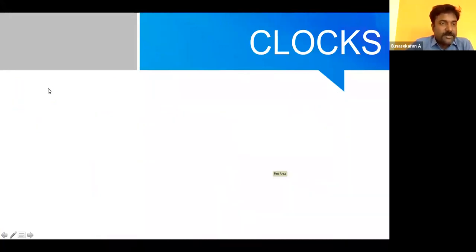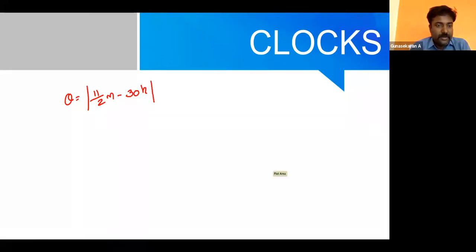Second concept. First concept is this. Second concept: angle between minute hand and hour hand. The formula is theta equals modulus of 11 by 2 m minus 30 h. Angle between minute hand and hour hand. Okay. So if you want to check at 4:10, this is hour and this is minute.